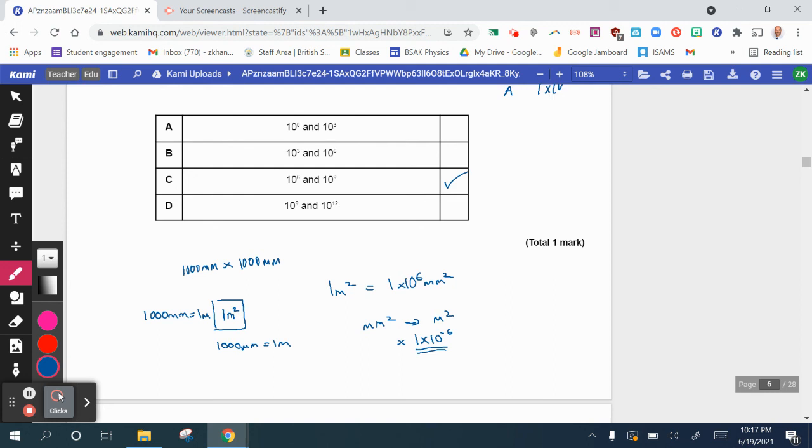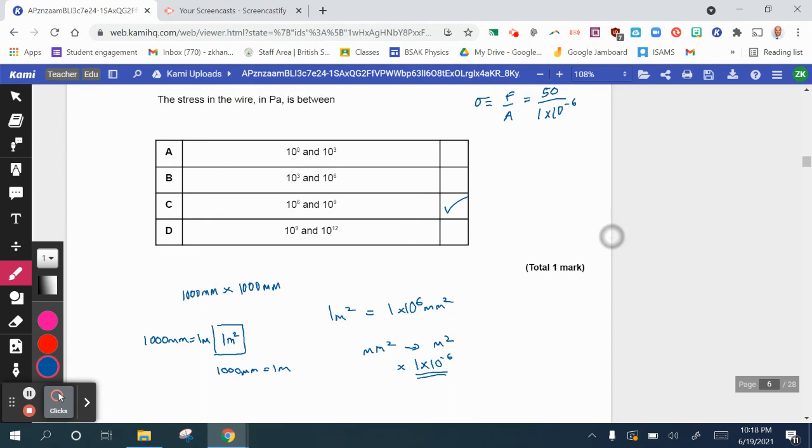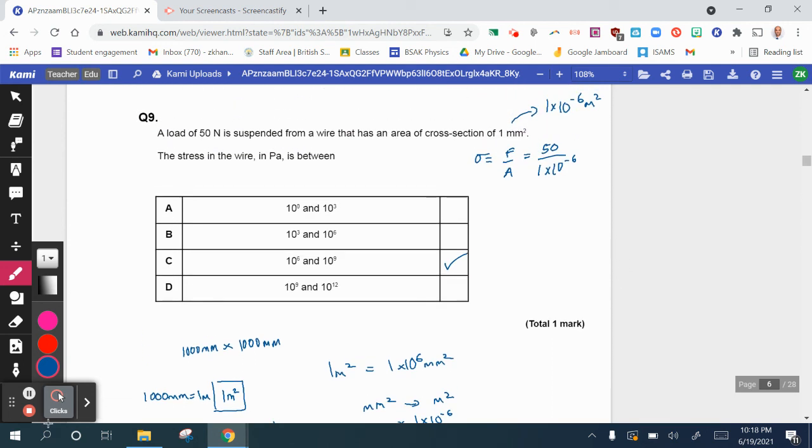Okay, so if we wanted to go from millimeters squared to meters squared, so from 1 million to 1, you'd have to divide by a million. So there'll be 50 divided by 1 times 10 to the minus 6, that's going to give you an answer. I don't even need to do this calculation. Something in between 10 to the power of 6 and 10 to the power of 9.